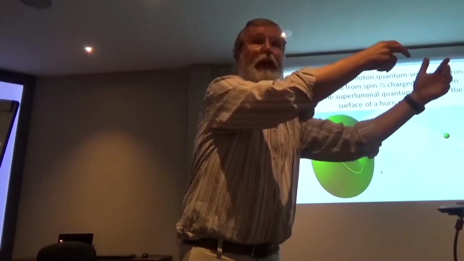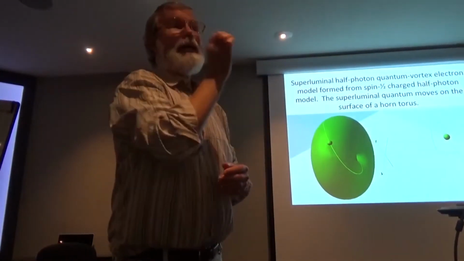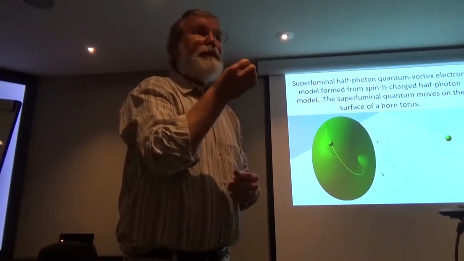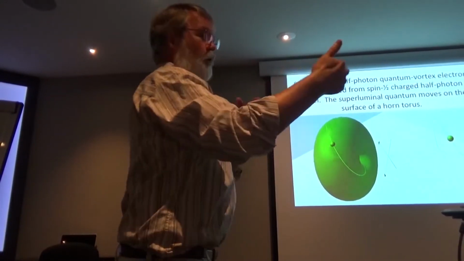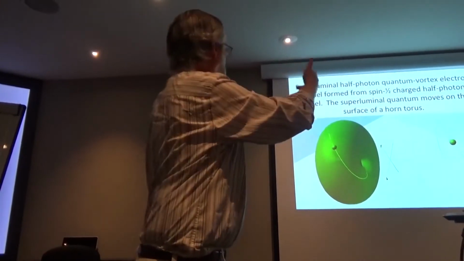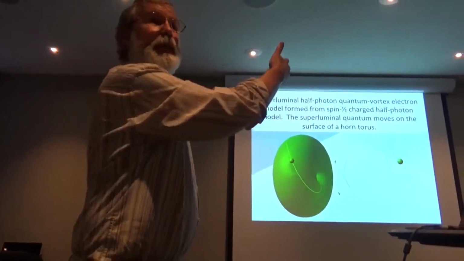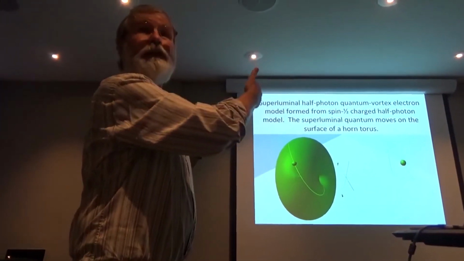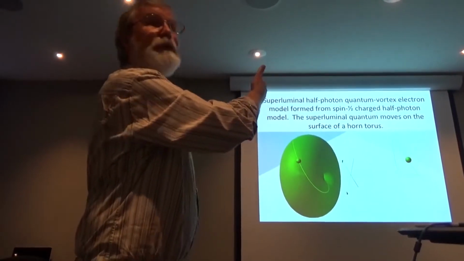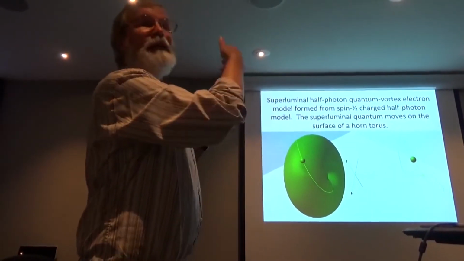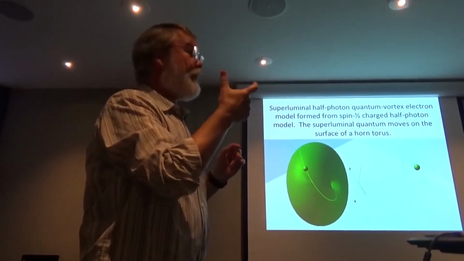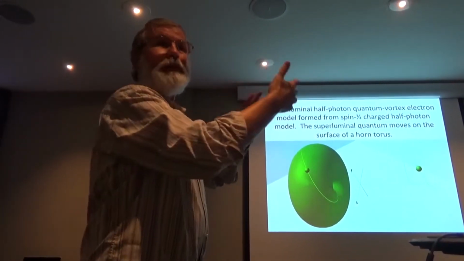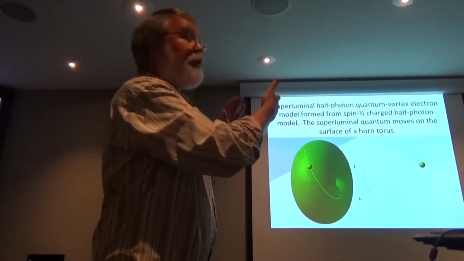So the half photon, which is going to become the electron, has the Zitterbewegung frequency of the electron. And what's the wavelength of that half photon? It's the same as the wavelength of the photon of energy E equals 2mc squared. It turns out to be half a Compton wavelength.